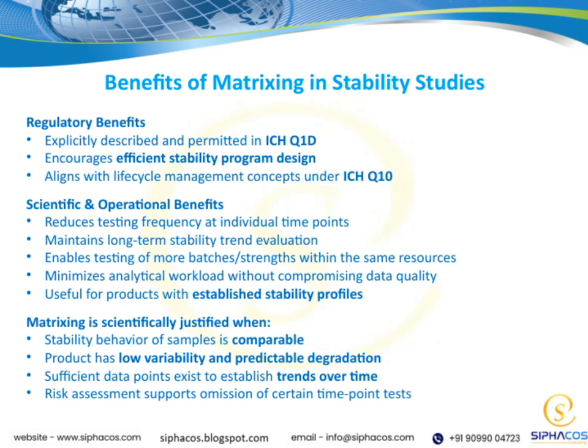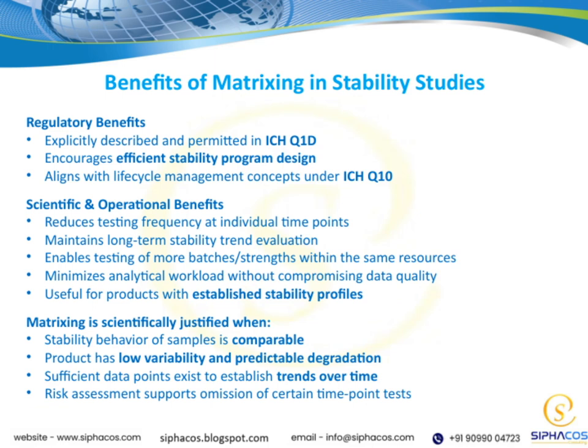It also enables us to test more batches or product strengths within the same resource constraints, increasing our overall testing capacity. Importantly, it minimizes the analytical workload, so we can focus on high-value testing without compromising data quality. This approach is especially useful for products with well-established stability profiles, where variability is low and trends are predictable.